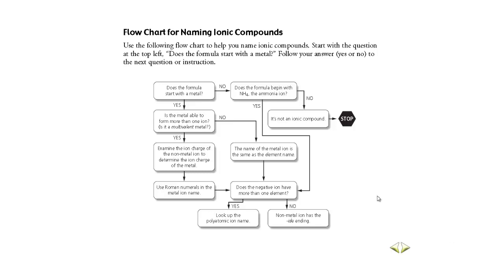The hope is eventually all of this becomes built into your brain anyway. So they give you a formula, ask yourself if it starts with a metal. Is the metal able to form more than one ion? Then you basically have what's called a multivalent ion. If it's no, then the name of the metal ion is the same as the element name, and if the negative ion has more than one element, no, then you just change the ending to "-ide." And that's pretty much as far as we've got.